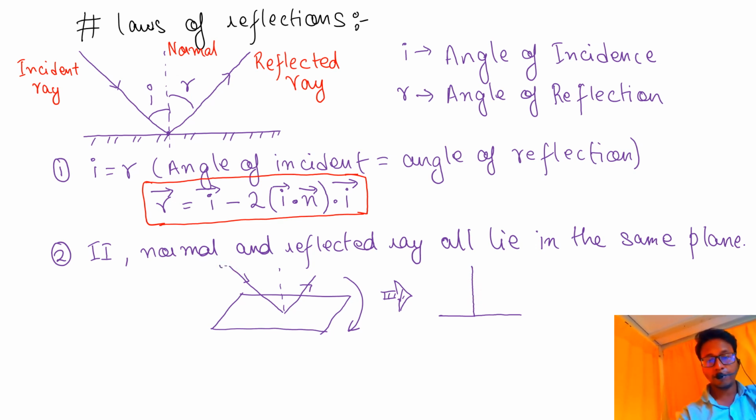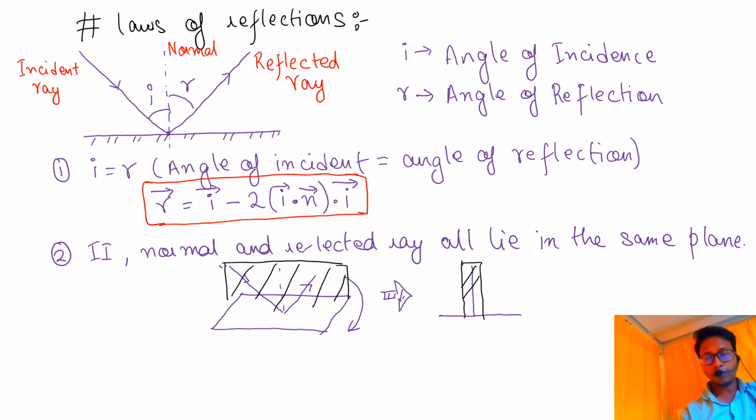Same plane means all three rays can be encased by a plane. That means this plane contains the reflected ray, incident ray, and normal.